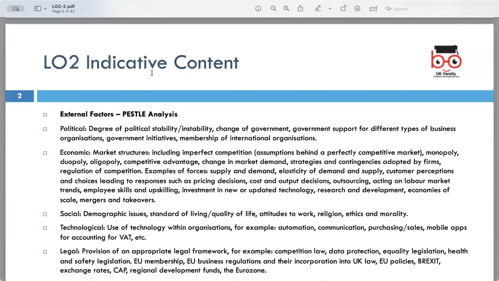explore market structures like perfect competition, monopoly, duopoly, and oligopoly, investigating competitive advantages and strategies adopted by firms.